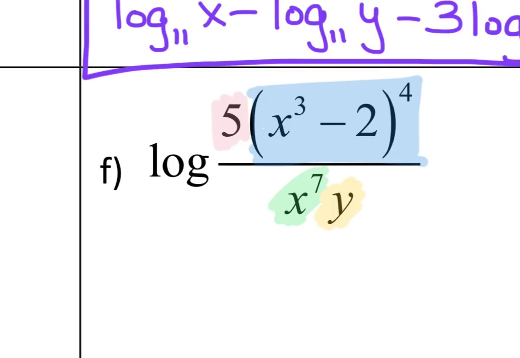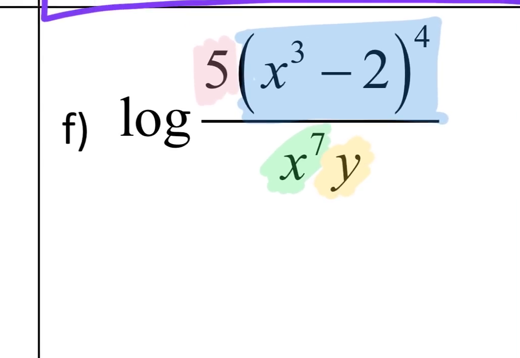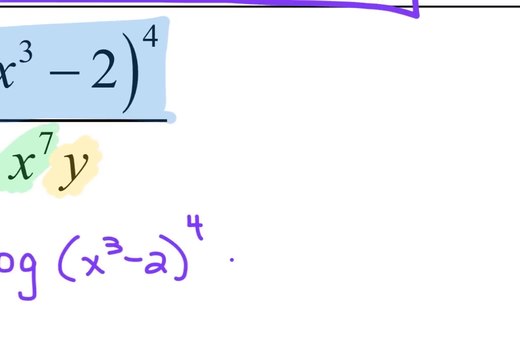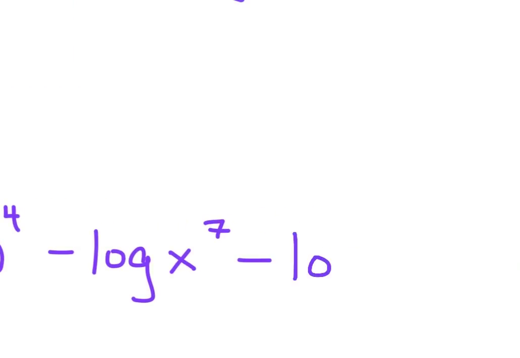So let me start by writing that as the addition and subtraction problem. It's a common log, so there's no written base to the logarithm, which means it's log base 10. You don't have to write that. So I've got log of 5 plus log of parentheses, stuff inside the parentheses to the 4th power, minus log of x to the 7th minus log of y.